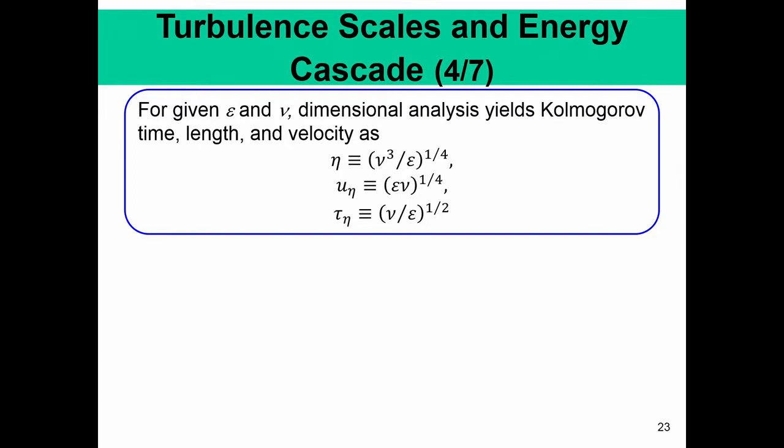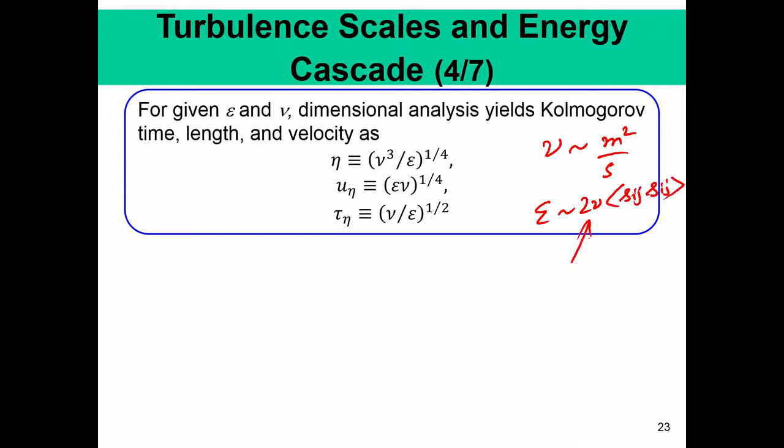By dimensional analysis, kinematic viscosity has a dimension of meter square per second, essentially the same dimension as diffusivity, whereas epsilon is essentially twice nu times Sij times Sij.